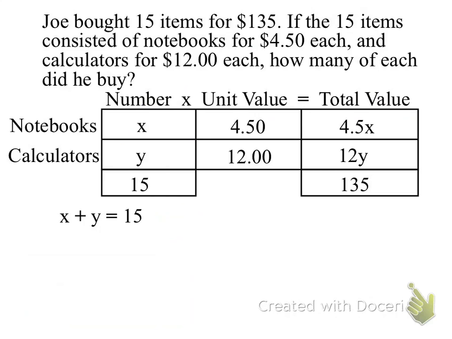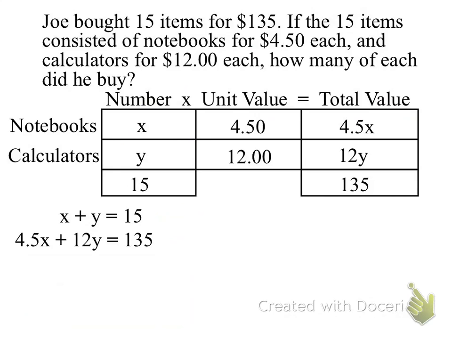Now, we said these are our equations. What's the easiest way to solve this? Nora? Elimination. Why? They're in standard form. So now, what do I need to do to eliminate? Yes.